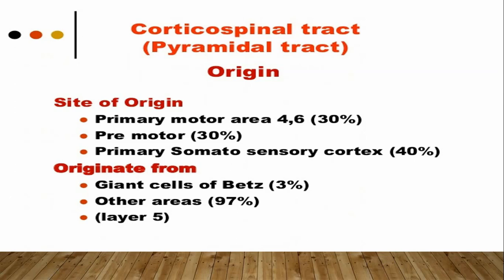Layer 1 is the molecular layer, layer 2 the external granular layer, layer 3 the external pyramidal layer, layer 4 the internal granular layer, and layer 5, the internal pyramidal layer, is dominated by large pyramidal cells. These cells are the main source of cortical efferents to most subcortical areas. So this is layer 5.